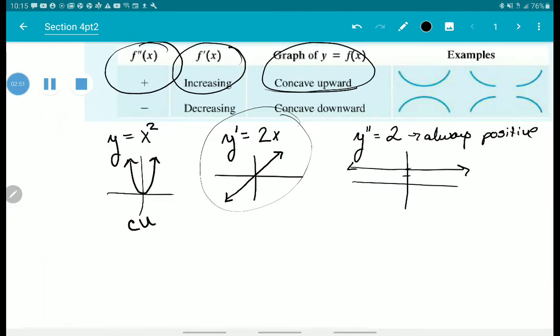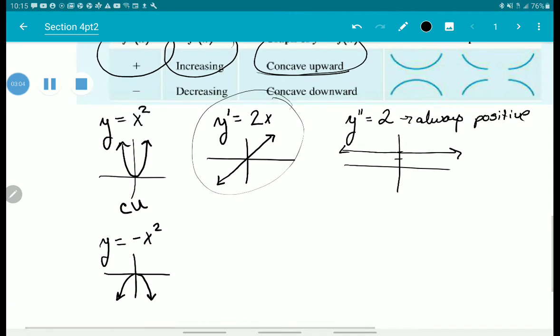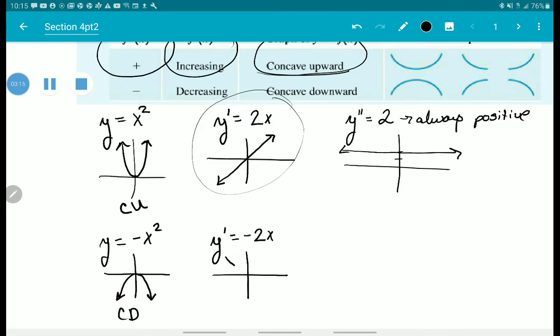Likewise, if we were to look at a reflection of x squared, like negative x squared, we know what this looks like. It's a reflection about the x-axis, so this now opens down. This graph is concave down. If we analyze that first derivative, we get negative 2x. Now we have a negative slope, and the graph of that derivative would look like this.